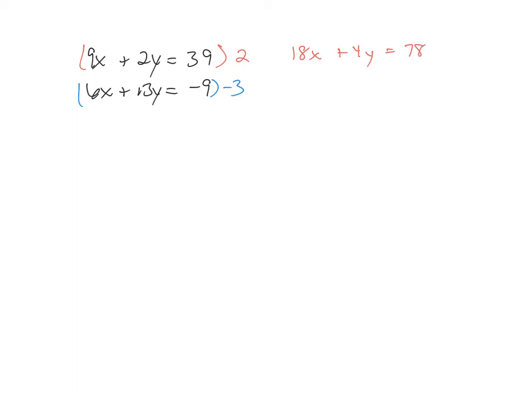So this is where the numbers do get bigger sometimes. All right, -3 times 6, -18. 13 times 3 is 39. And -9 and -3 is positive 27.